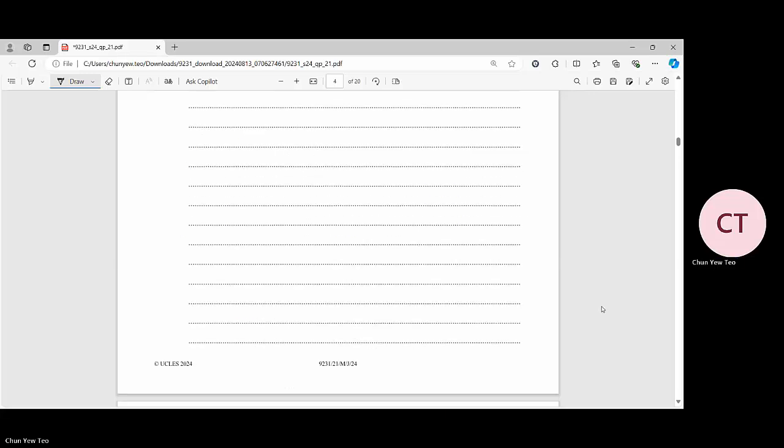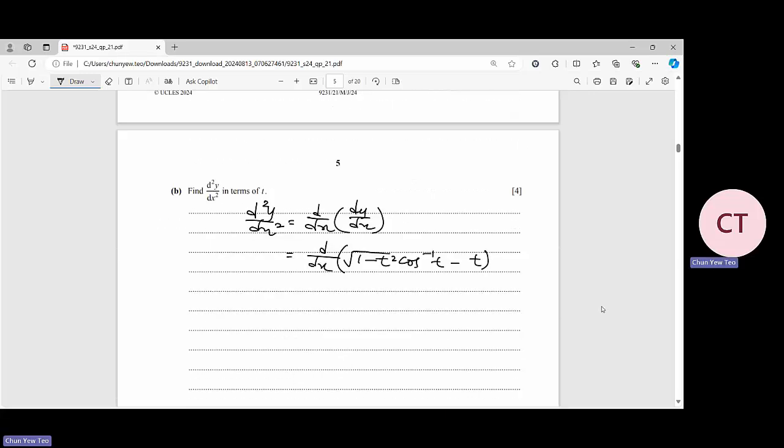Okay, this one is in terms of t, this one is in terms of x. They cannot be differentiated unless you make it d dt and then multiply by dt dx using the chain rule. So over here, we can solve it by using the chain rule.